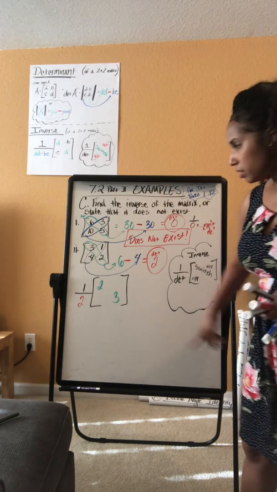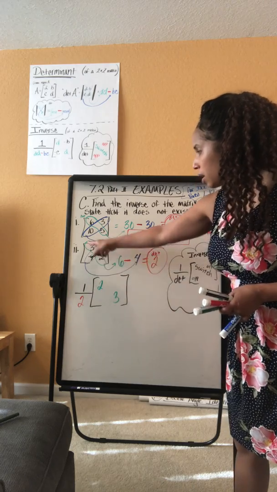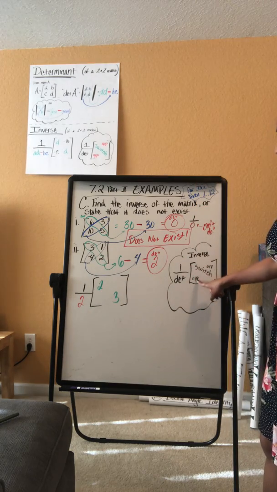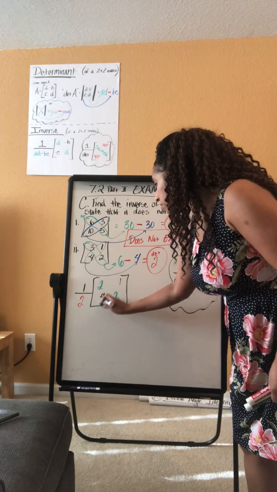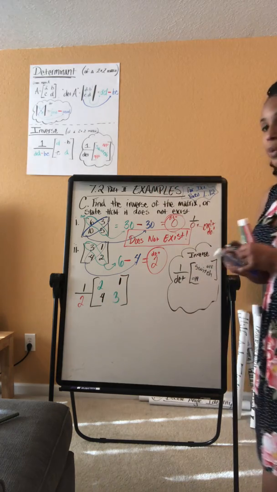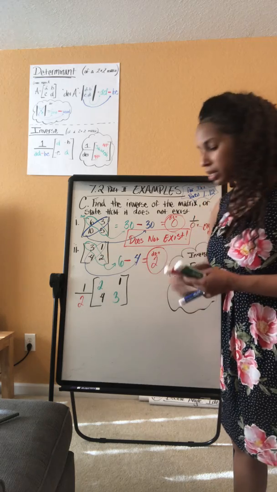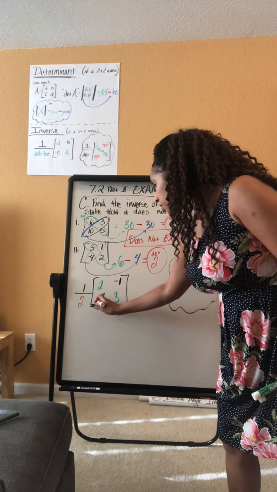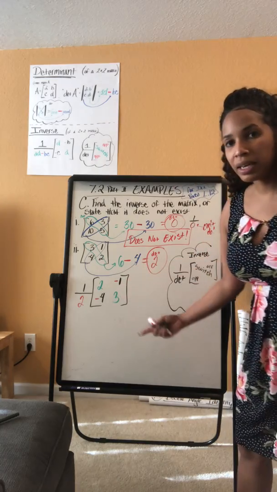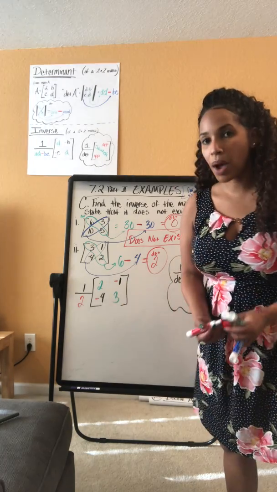Y'all understand what I mean by the switch? Just switch positions on the main line. The other 2 numbers stay put, but they become the opposite sign. So because my 1 and 4 were originally positive, they are both now going to be negative. And yes, if they were negative to begin with, they would become positive.